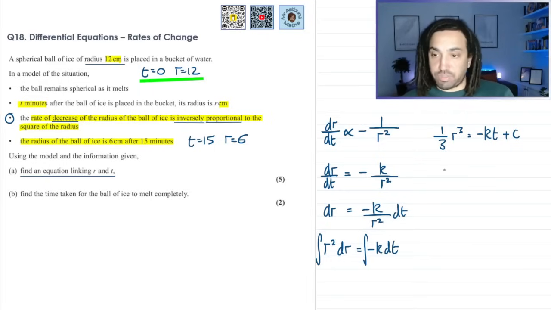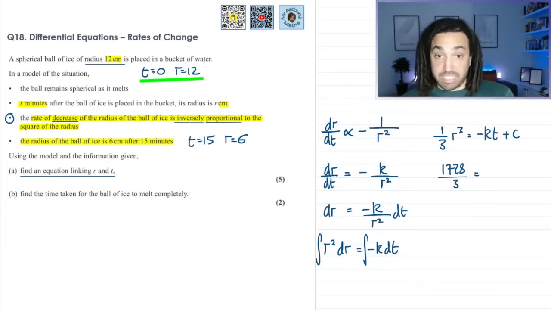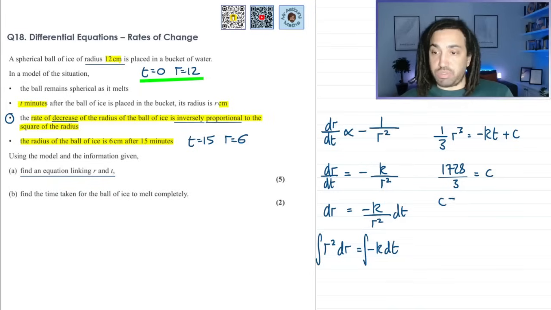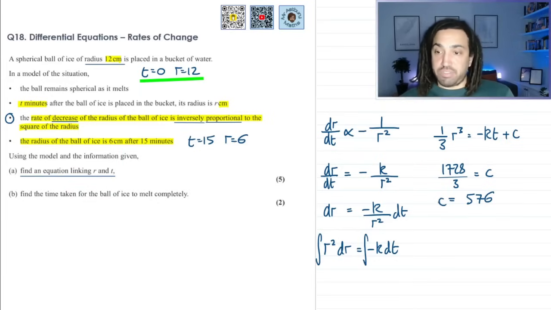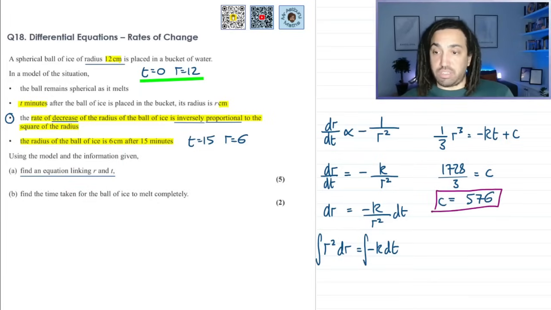Okay, so that's over 3. So 1728 over 3 is equal to, and in this case, t is 0, so we just get c. Okay, so this simplifies to c is equal to 576. And then that gives us our first unknown constant.